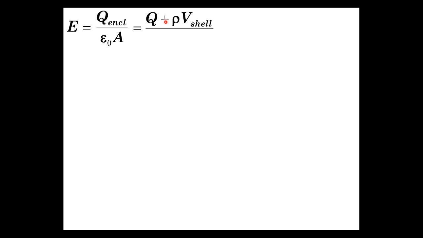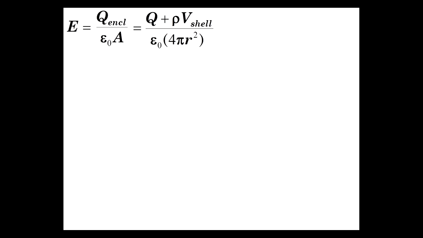This charge, represented by rho V shell, is the amount of charge contained in the insulating spherical shell that's enclosed by the Gaussian surface. Hope that makes sense. Divided by epsilon 0 A. A is 4 pi r squared.